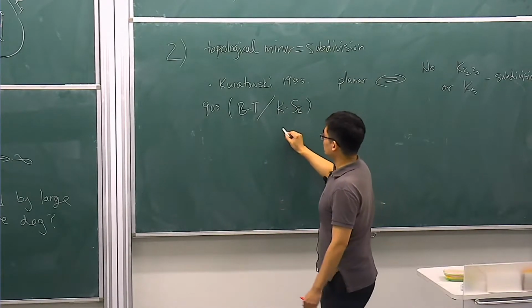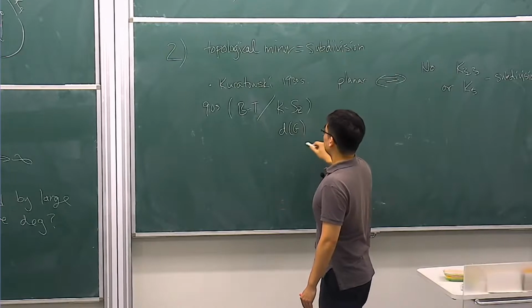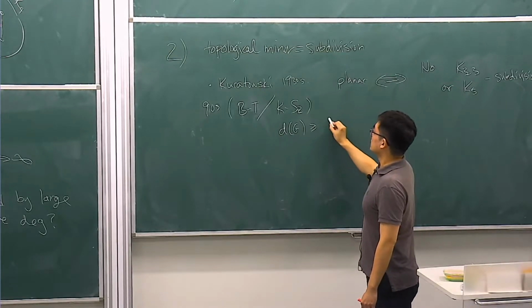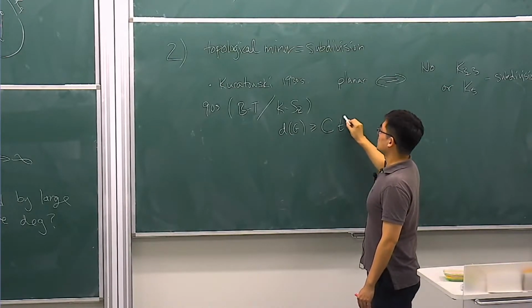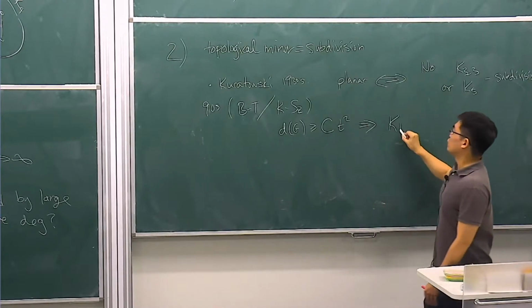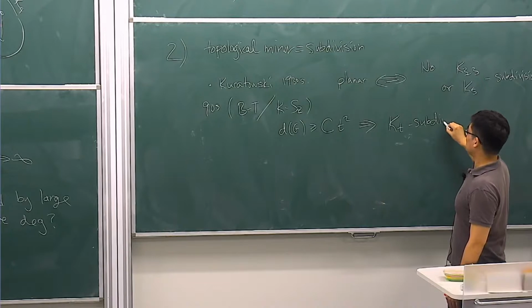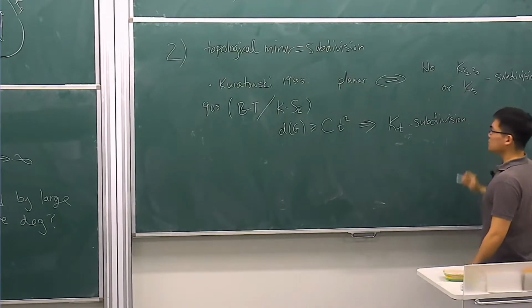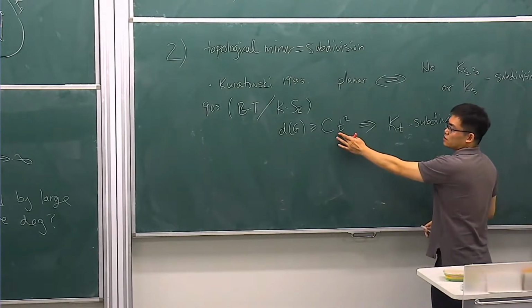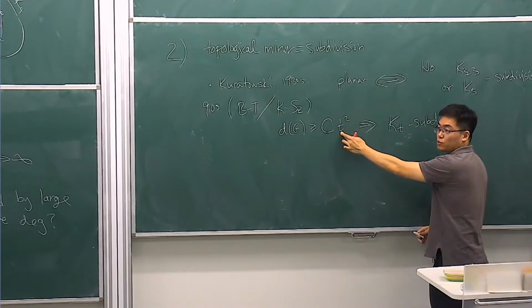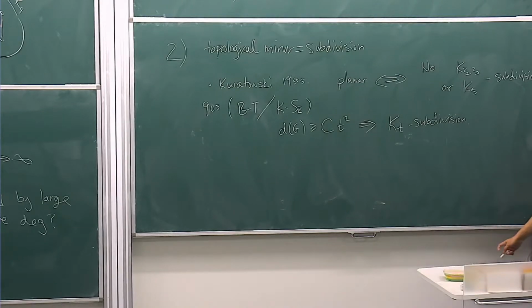They showed that when your average degree is bigger than some absolute constant times t squared, you can force a K_t subdivision. I leave it as an exercise to think about why t squared is the optimal bound. You cannot go below the quadratic bound.